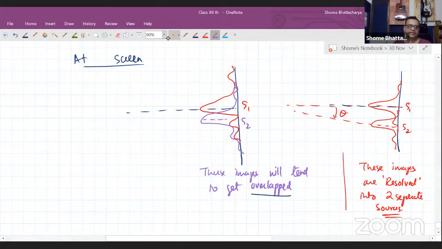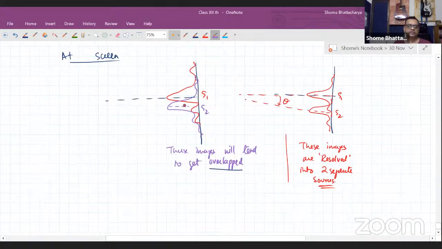So the Rayleigh criterion is that this theta, the angular separation between the first and second, should be such that the first one's minima is inside of the second one's central maxima. Understand? So the central disk of the second one should be outside the first dark ring of the first one.